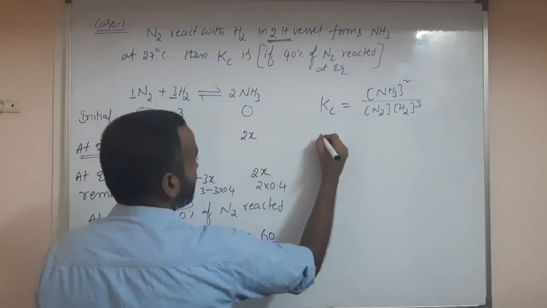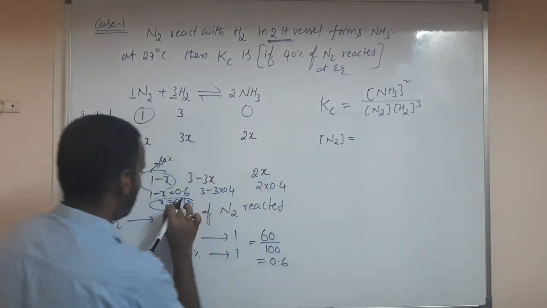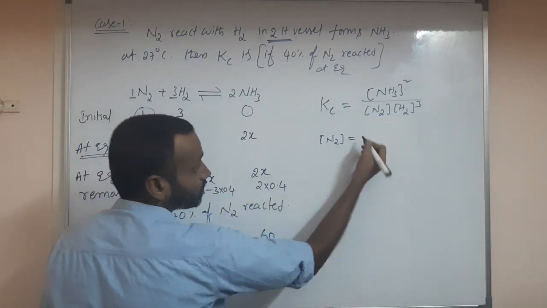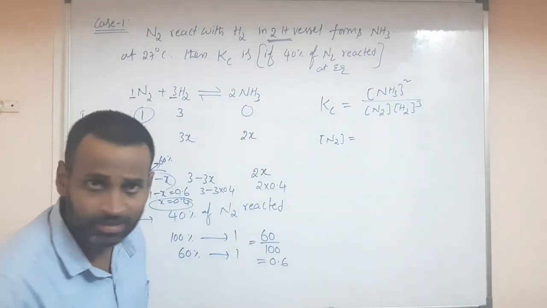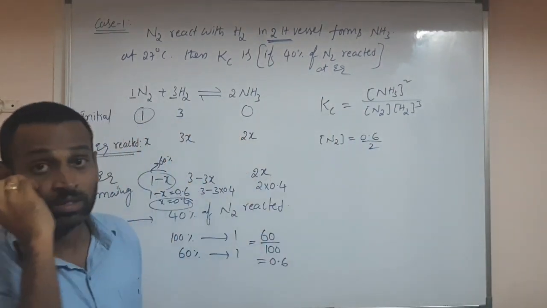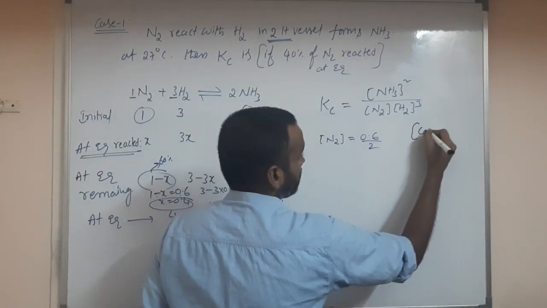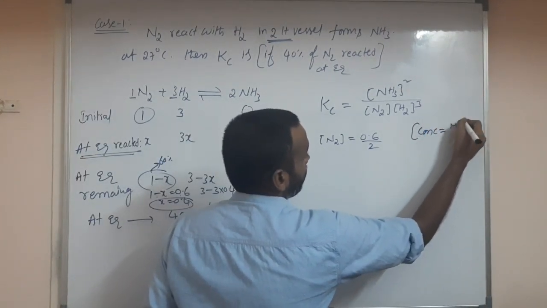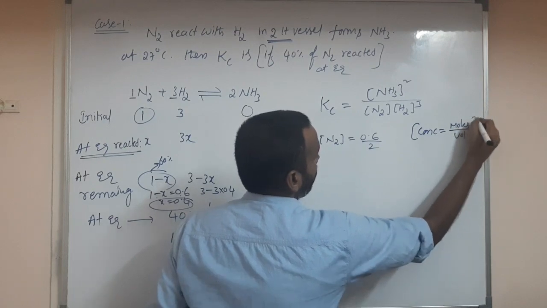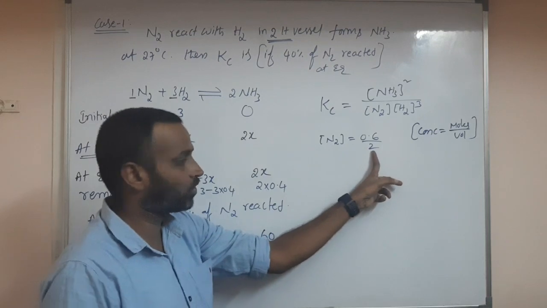So what is the N2 concentration? The N2 remaining is 1 minus x, so 0.6 by 2, because concentration always means moles by volume. What is the volume here? 2 liters. That's why the denominator is 2.